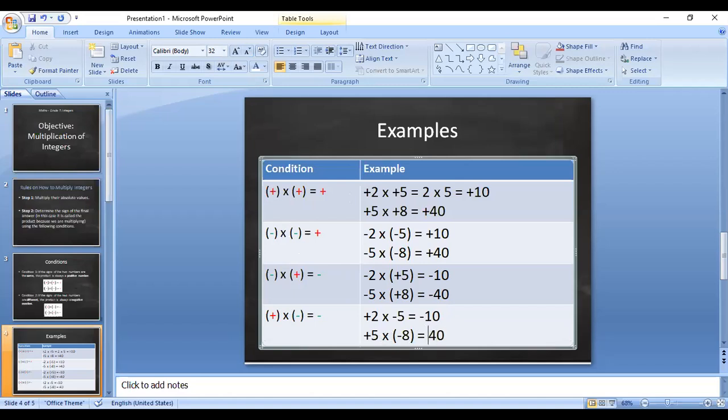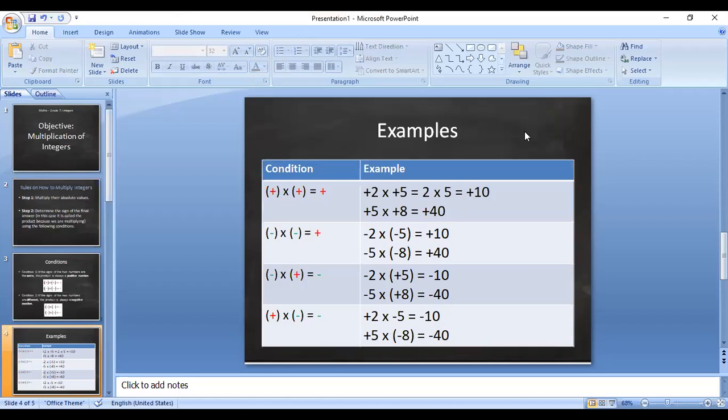Step number 2, see the sign. 5 का sign क्या है? Plus and minus. एक plus है, एक minus है, तो different हो गया. Sign अगर different है तो answer क्या आएगा? Negative, so we get -40. Yes, easy. All right, with this let's jump into more questions, okay?